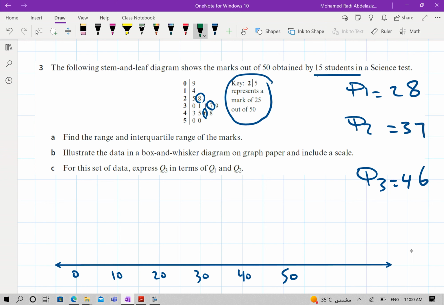The first value is at 28. Mark the minimum value at 9. This is the lower value, 9. Then Q1 at 28, then Q2 at 37, then Q3 at 46, then the last value at 50.